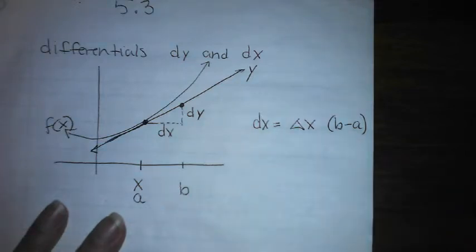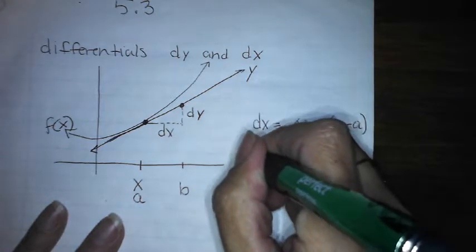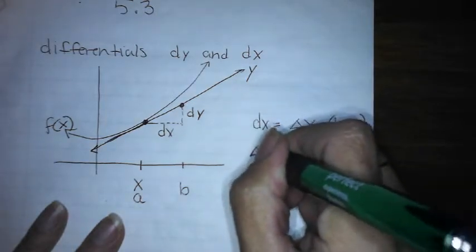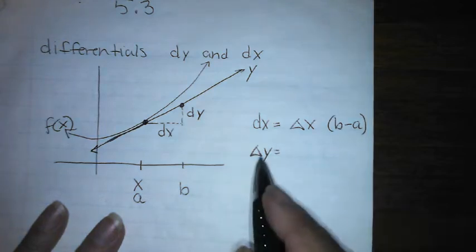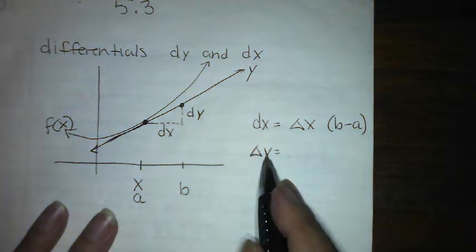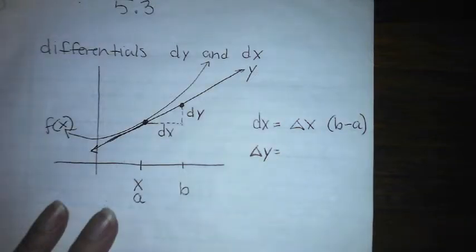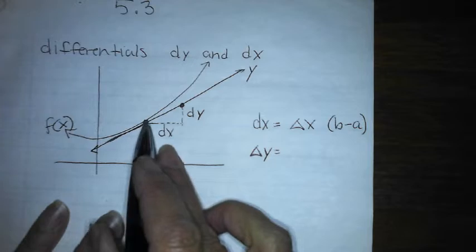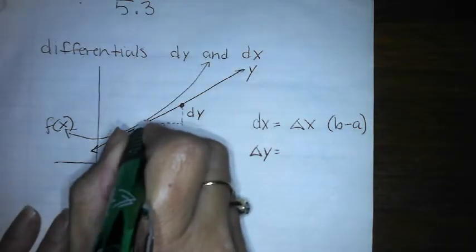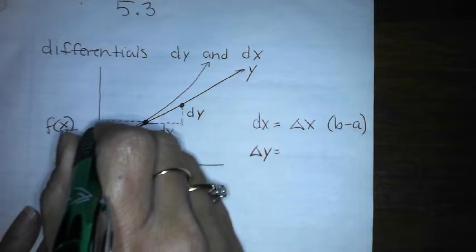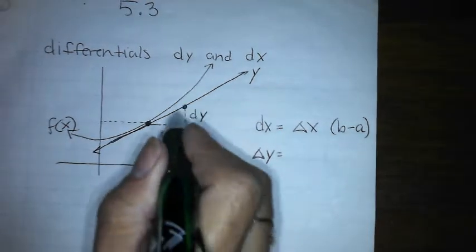The change in y, which we're going to call delta y, we've got two change in y's. We've got delta y and then we're going to have dy. Delta y is the change in y values but on the original function. So at our starting value, the y values are the same for both the original function and the tangent line. But once I go to my second x value, you can see the tangent line has a y value.